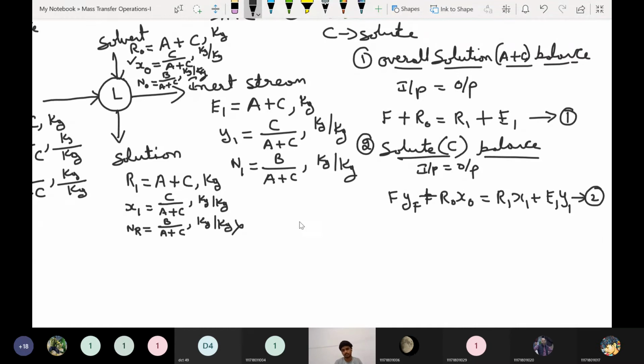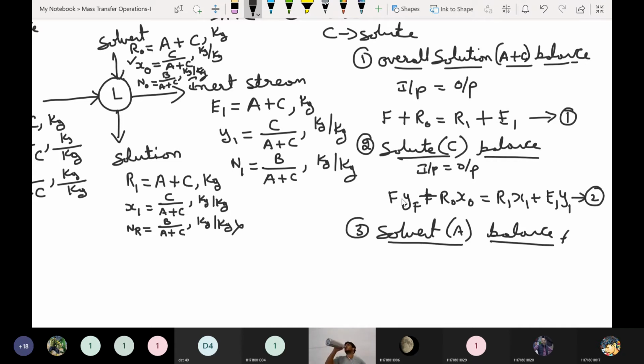Then next one is the solvent balance. So we have to conduct a solvent balance. Solvent means you have to remember this one, A. Now for the solvent balance, our notation scheme is defined in such a way that only solution will be there.